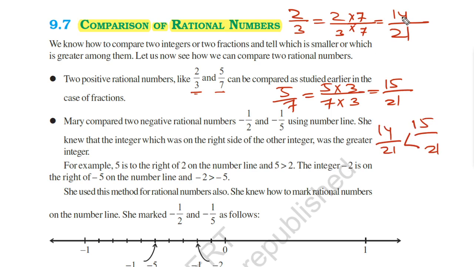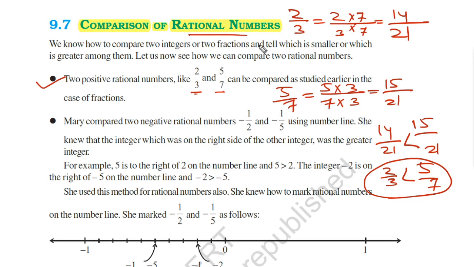Therefore, since 14 by 21 is equal to 2 by 3, you can say 2 by 3 is smaller than 5 by 7, as 15 by 21 is equal to 5 by 7. This was the method we used in the case of fractions, and in the same way we will do it for rational numbers.